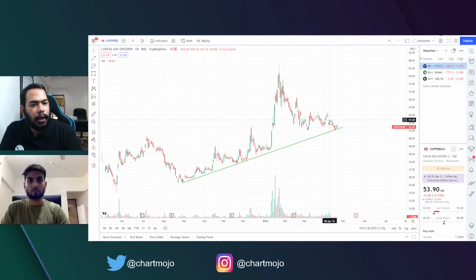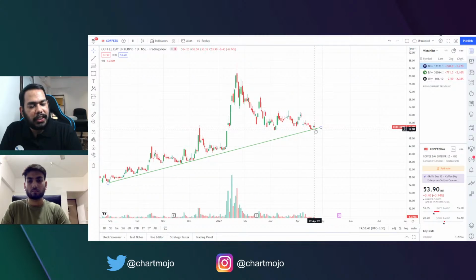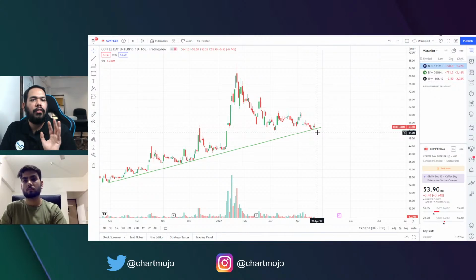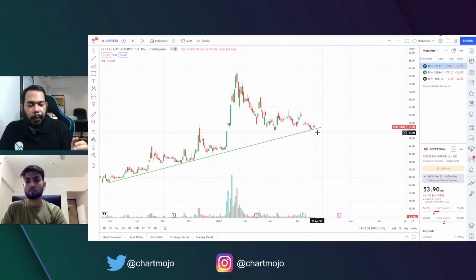Right now, see, this is taking support at a rising trend line. If this is taken out, just keep the 50 level as an SL. If that level is taken out, then one can exit this because this is a very deep retracement.